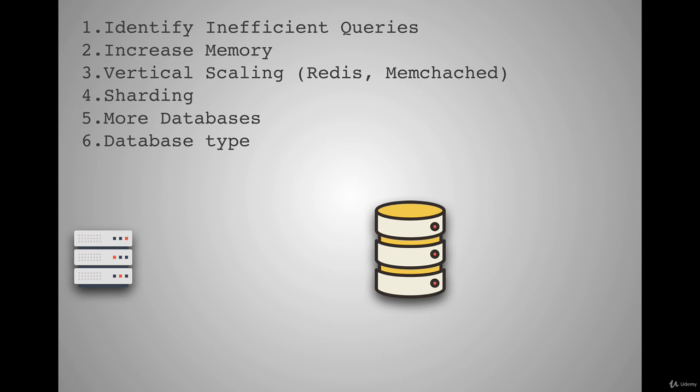All right, so the next topic is increasing memory. And this is a nice, simple one. If you have a bottleneck that is your storage, your first course of action, usually after you've looked at inefficient queries, is to give it additional memory. And you do that by improving the hardware that the database is working on.